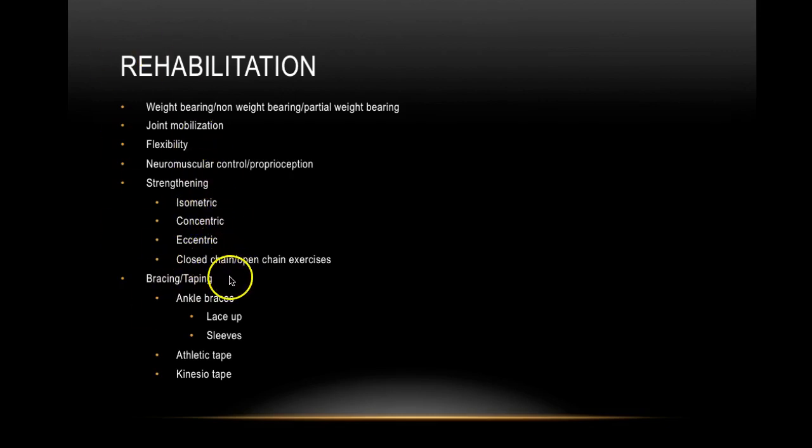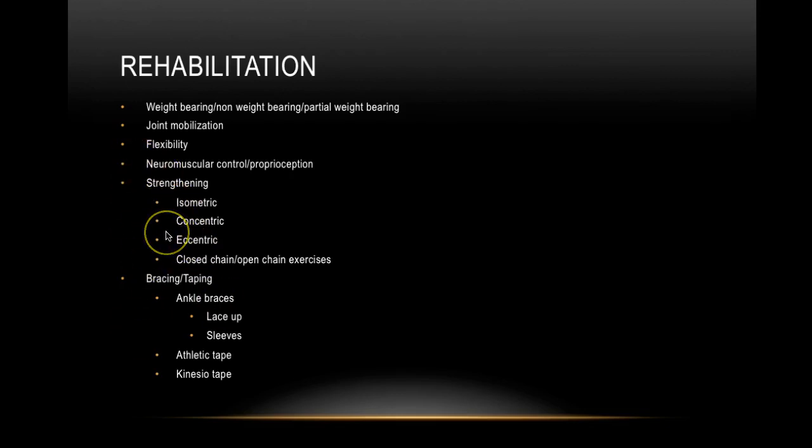The other things to note are closed chain and open chain exercises, and those are usually implemented at different times. Anyone post-surgery, if you go to a physical therapist and you're going through a rehabilitation for, let's say, an ACL surgery, closed chain exercises are usually the first ones that they begin with, meaning your feet always stay on the ground and you move the rest of your body.